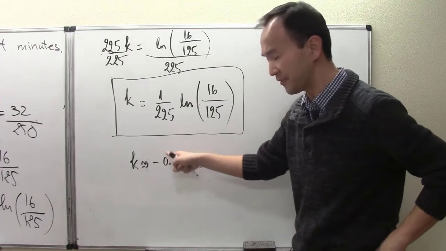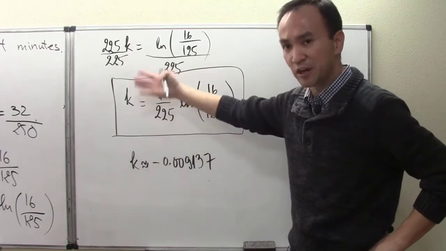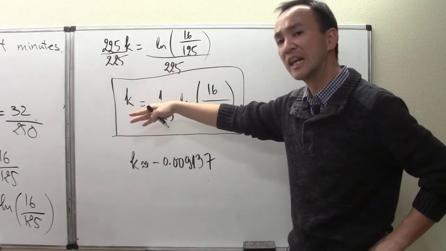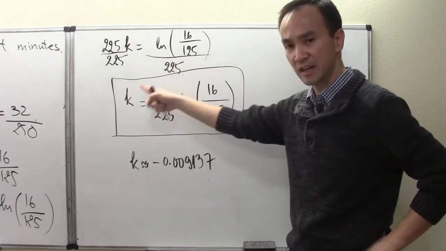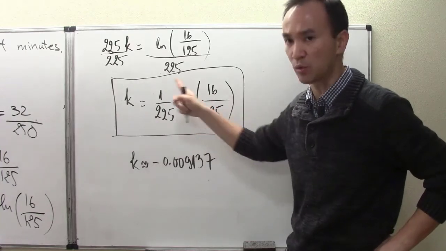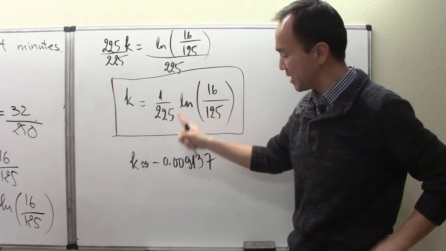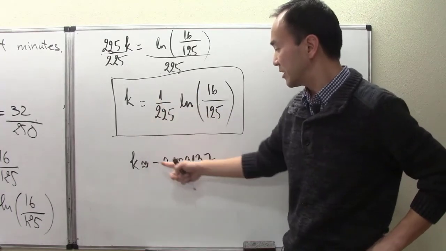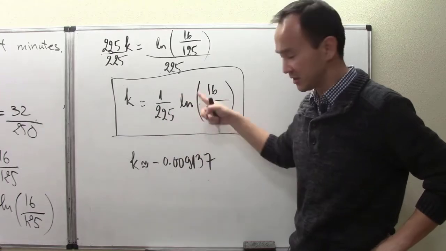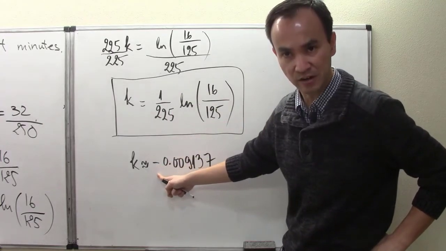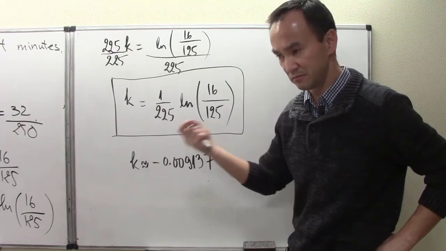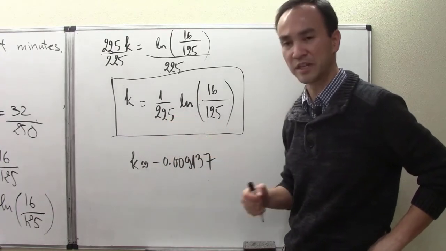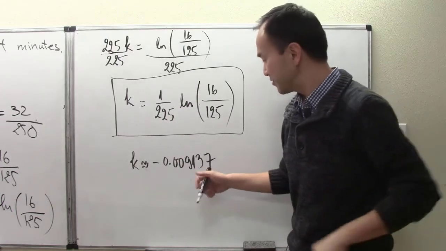There are instructors who allow their students to write the final answer as an exact expression like this. I'm not against that either. But in a problem like this, it would be a little more beneficial to write the decimal expansion so that we can display the negative nature of the decay rate, whether continuous or periodic. So now it's a negative value.